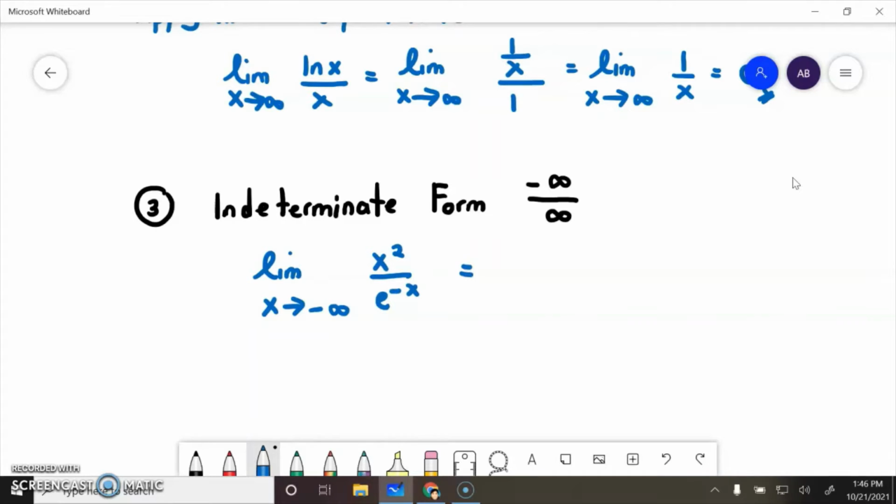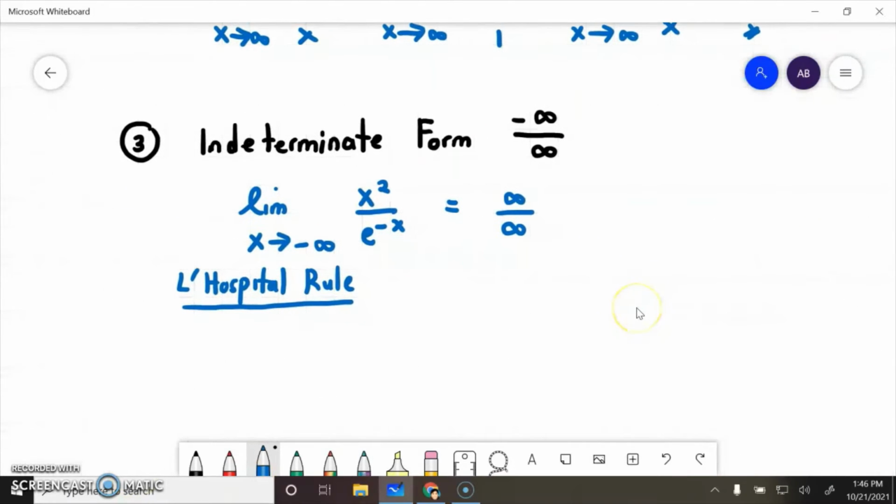By direct substitution, e to the negative x gives e to the infinity, negative negative is positive, so this is infinity over infinity. I'm going to apply L'Hôpital's Rule to solve this. Now I need to differentiate my numerator and my denominator.